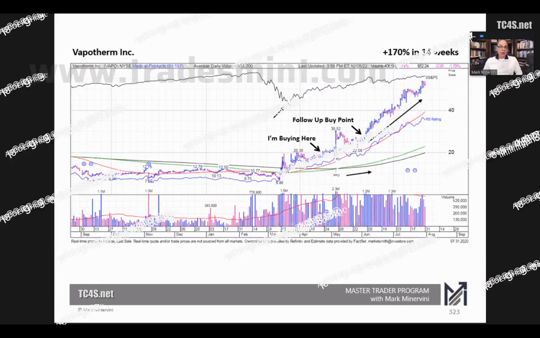But you have to take a look at the chart and see, have you gone through those iterations of tightening? If you've gone through a bunch of iterations of tightening, and let's just say the previous tightening was over, I don't know, 5, 8, 10 days, from 20 down to 19, it was 5%. And now you paused for a day or two in a 2% range, that one day would be enough.